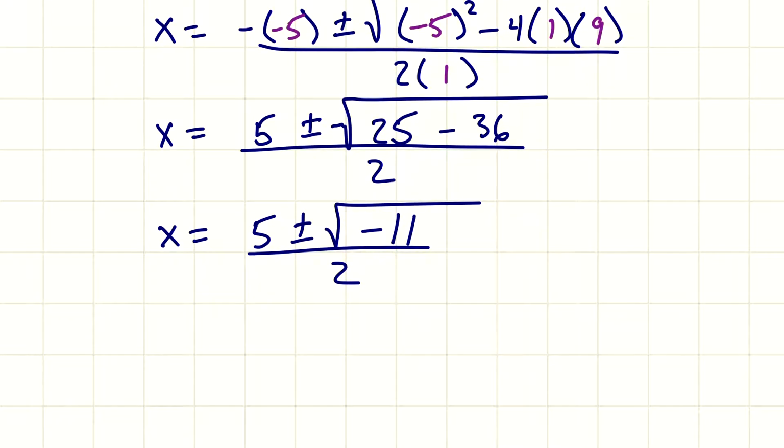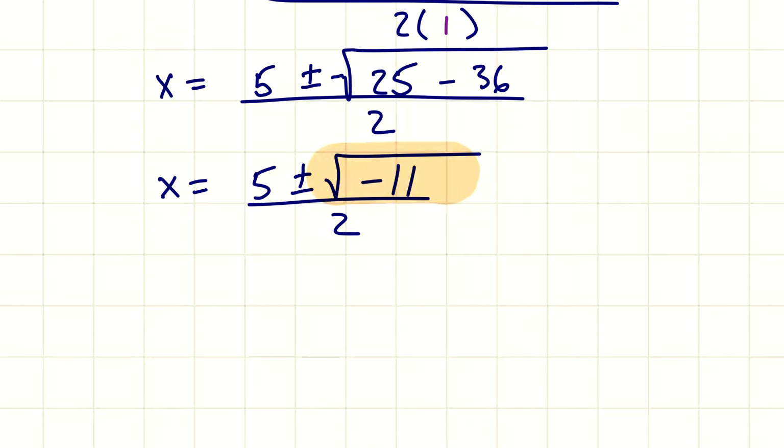So when you get to this point, you should notice that we have a negative in the square root. And we've talked about these before. You could have a negative, but when you put that in a calculator, as you remember from a previous lesson, you're going to get an error message, or maybe it says undefined, depending on what calculator you use.